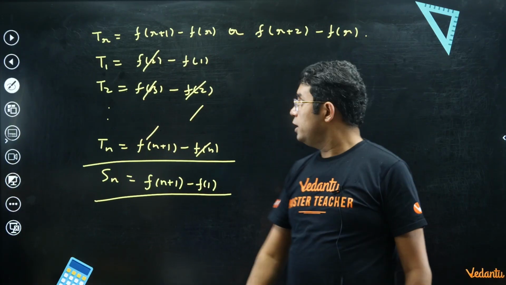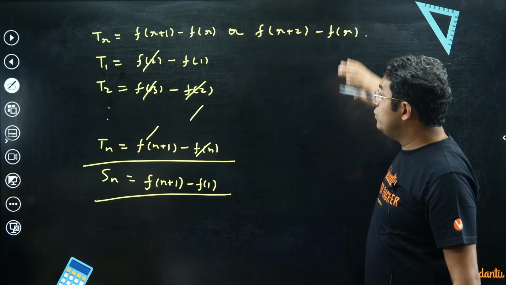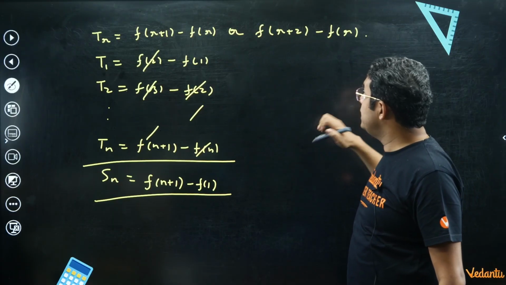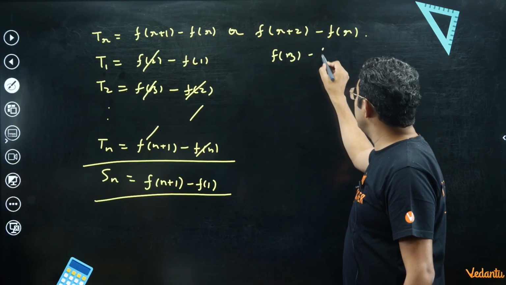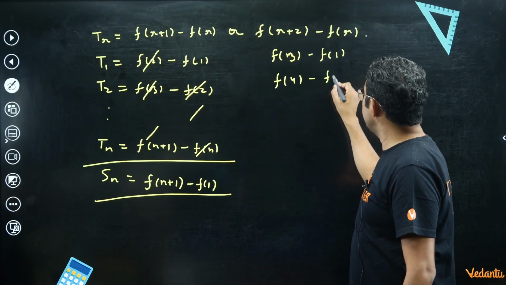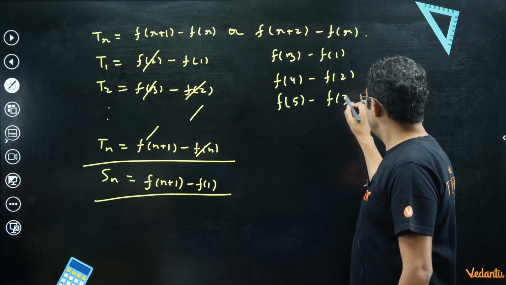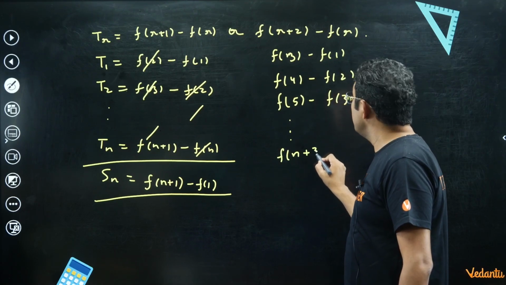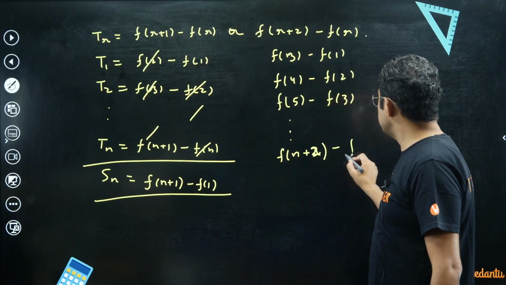Please be careful. Sometimes if your difference is like this, then your cancellation will not happen immediately. In this case, it will be f of 3 minus f of 1, f of 4 minus f of 2, f of 5 minus f of 3, and so on, up to f of n plus 2 minus f of n.